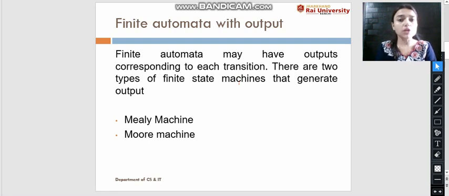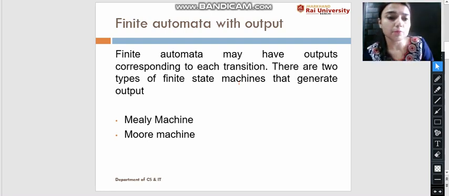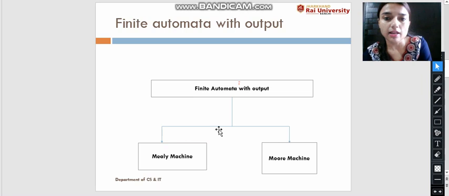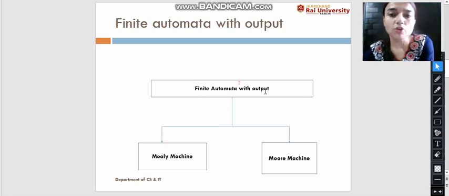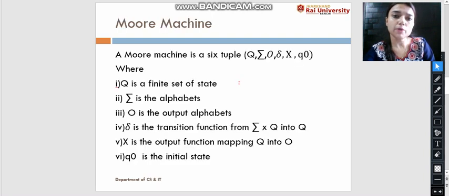There are two types of finite state machine with an output. They are the Mealy machine and the Moore machine. Let's see that a finite automata with an output is of two types, the Mealy machine and the Moore machine.